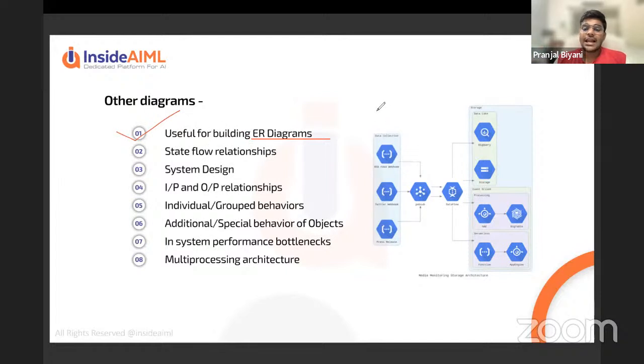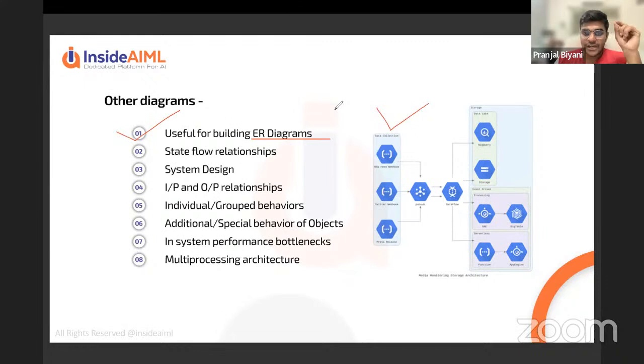Now, these can help you build the right ER diagrams. ER diagrams are basically how databases are connected to each other. Suppose you are working for a platform like Flipkart, you will have your transactions database, orders database, customer database, product database, and all of these are interconnected. One customer has bought multiple products. Those products will be in the product database.